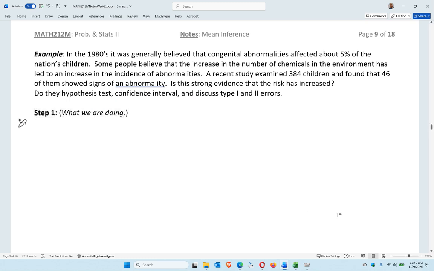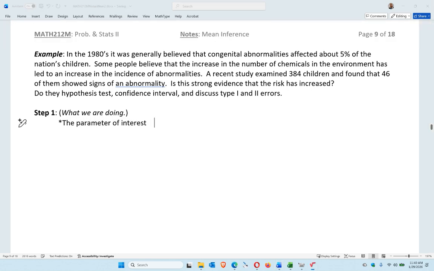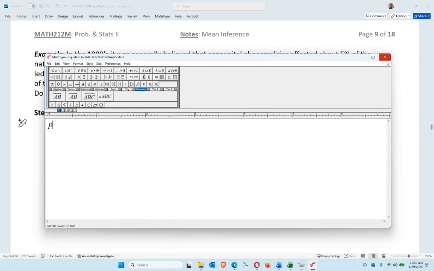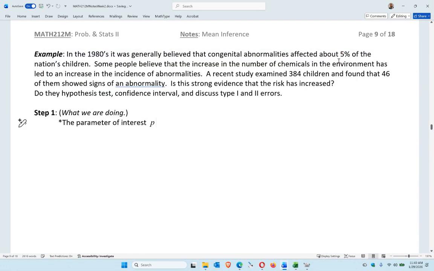So this is the parameter of interest, P. P is the proportion of children that have congenital abnormalities. Okay. So what do we need to do?